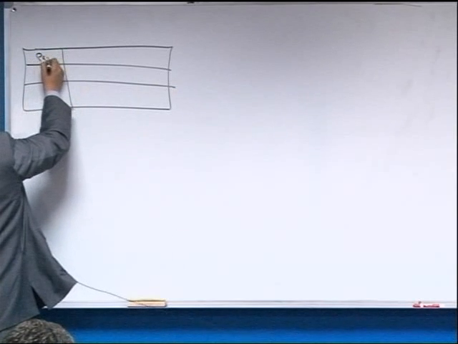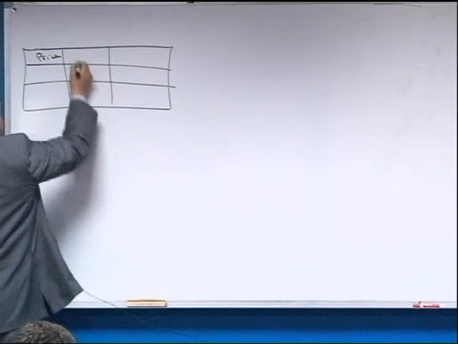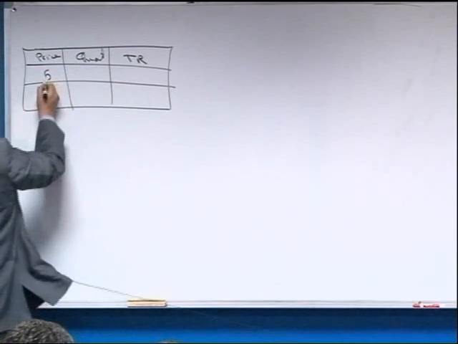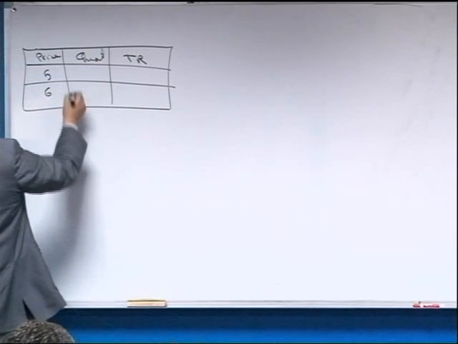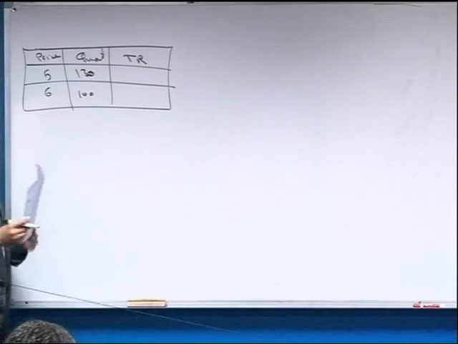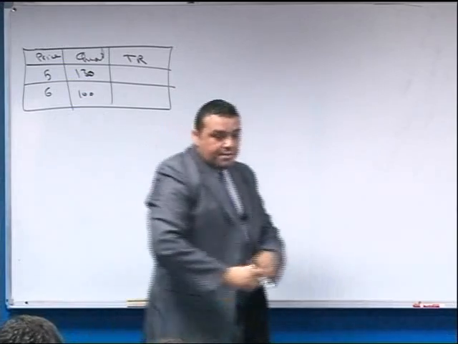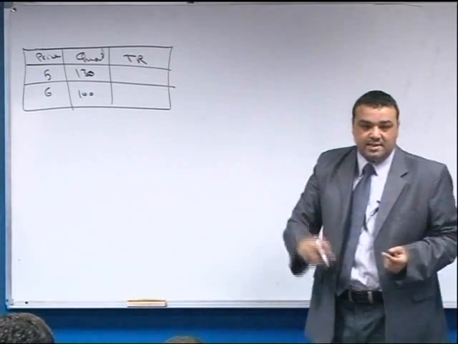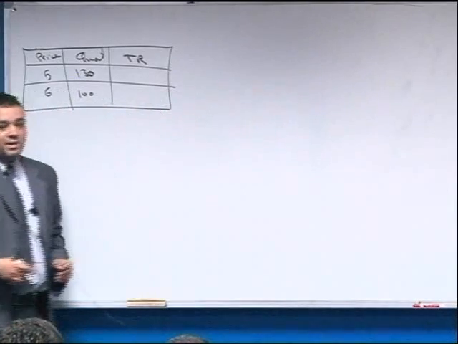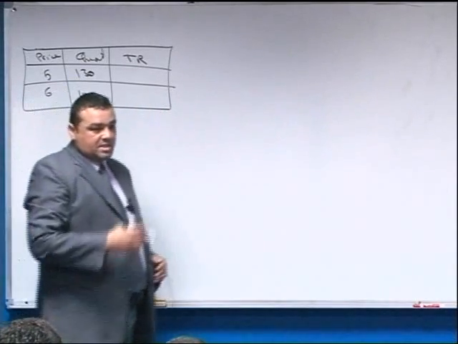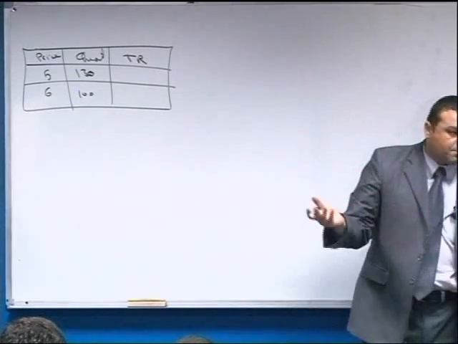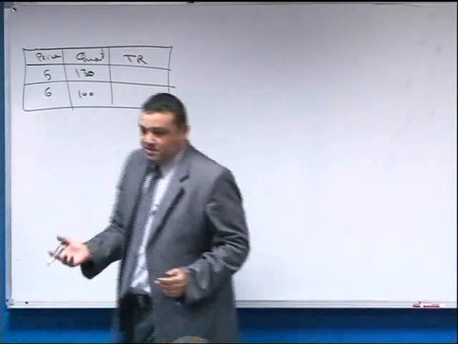Price, quantity, total revenue. 5, 6, 130, 100. Calculate the total revenue and explain the relationship between the prices and total revenue, as well as explain the type of elasticity. Is the demand elastic, inelastic, perfectly inelastic, or unitary?